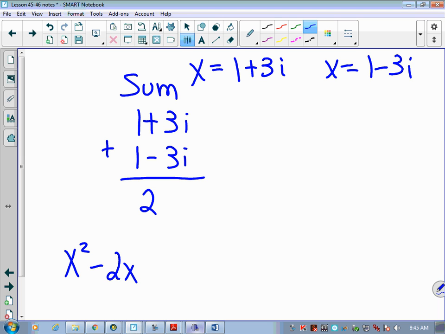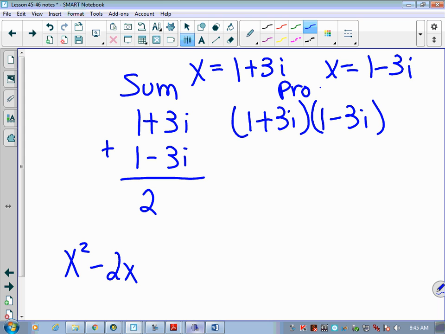Now, for the product, I'm taking 1 plus 3i times 1 minus 3i. This is the product portion. What I should get out of almost every one of these is a sum difference.